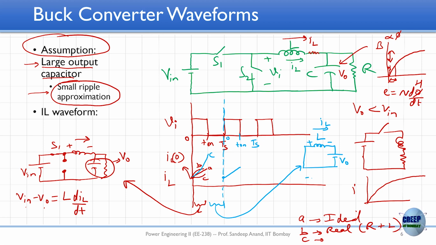If I write it, it will become minus V naught is equal to L dIL by dt. And therefore the inductor current slope becomes negative, it starts falling and it comes back. So this is how the inductor current waveform looks, and it keeps repeating as the switch is turning on and off and on and off.